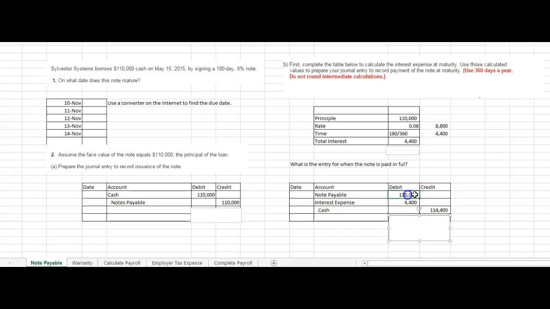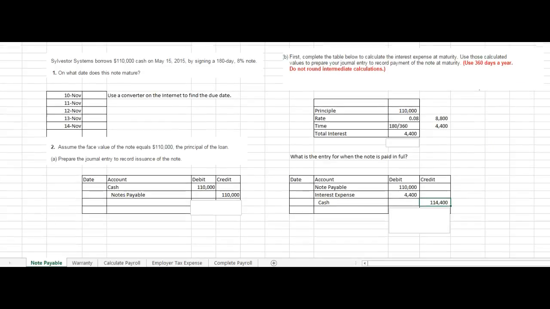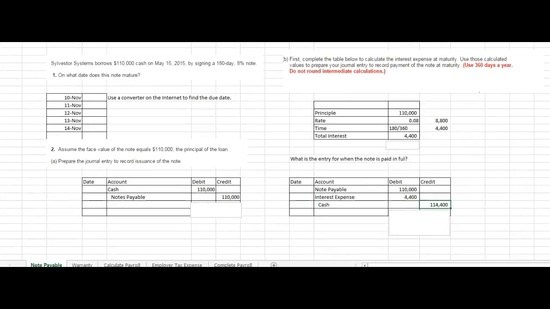Even though I only received $110,000, I still have to pay the interest, and that gives me a total to be paid of $114,400. So that's a very quick, easy way of figuring out the interest and how much we owe for it.